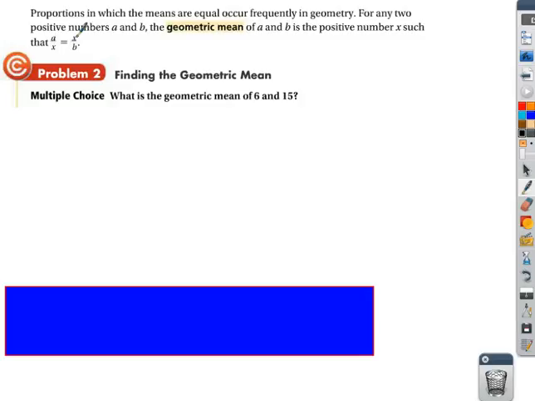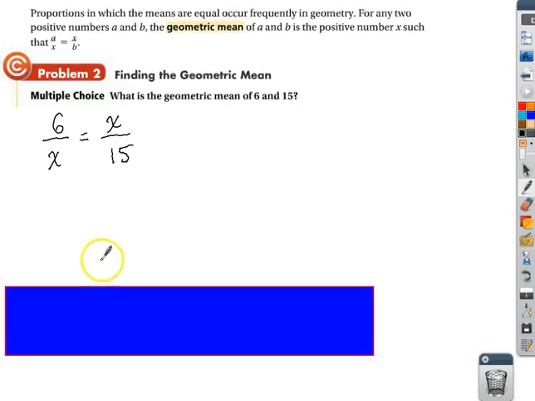So anytime I ask you to find the geometric mean of a number, what I'm really telling you to do is to take the two numbers that I want you to find the geometric mean of and set those two numbers up as extremes. Extremes are the numbers formed by the negatively sloped line in cross multiplication. And then set a variable up as the mean.